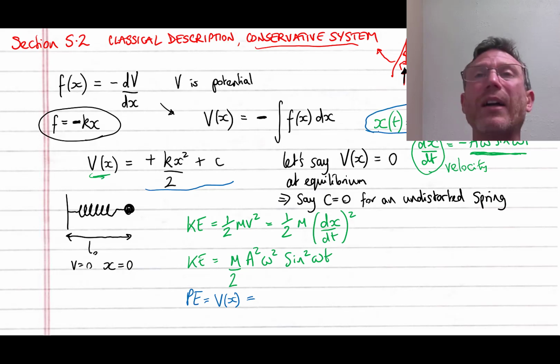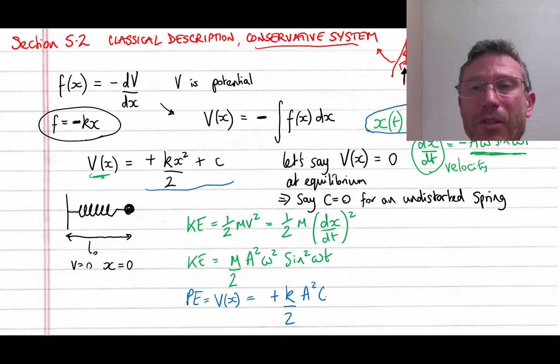So we can plug that x in, and we end up with k over 2 multiplied by a squared cosine squared omega t.